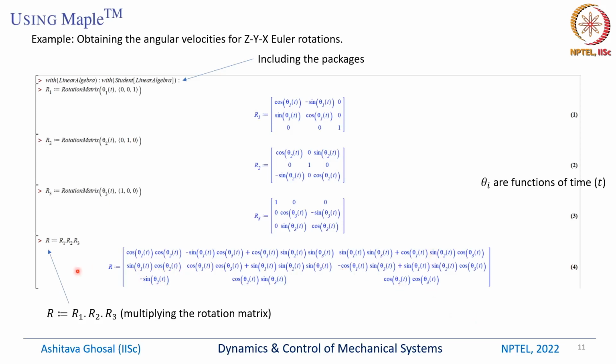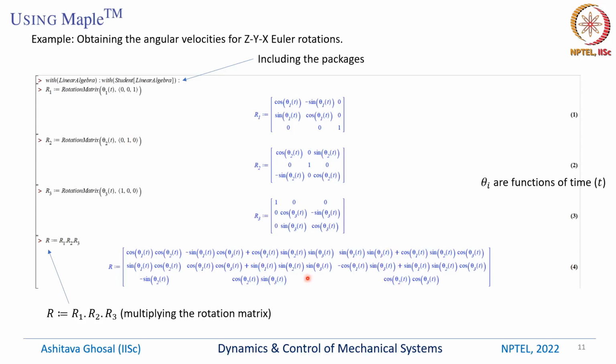This one is cos theta 1(t), cos theta 2(t), minus sin theta 1(t) into cos theta 3(t), plus and so on. So this is the first column vector, which is the xb in the a coordinate system. This is the yb in the a coordinate system, and this is the zb in the a coordinate system.